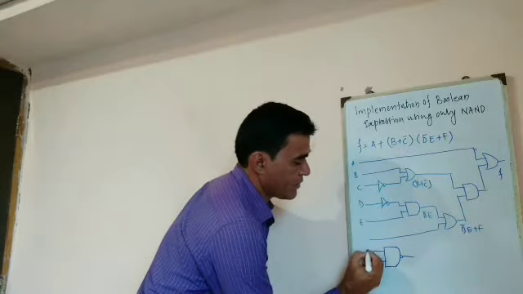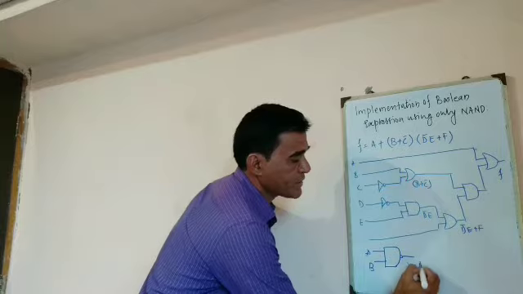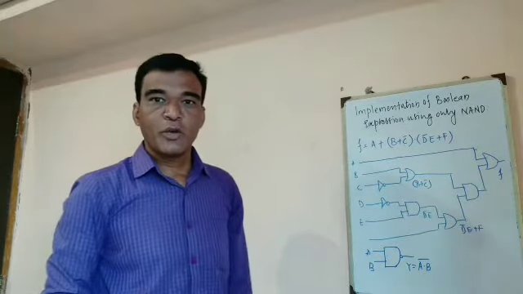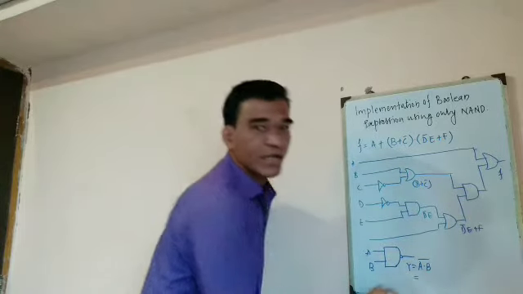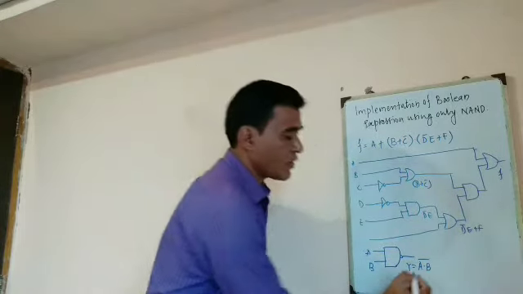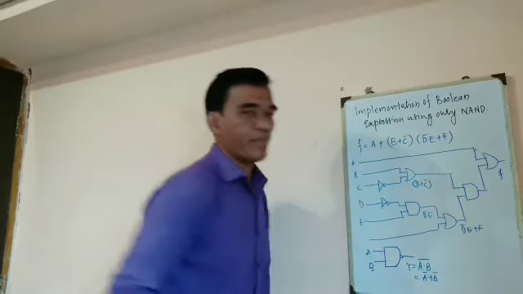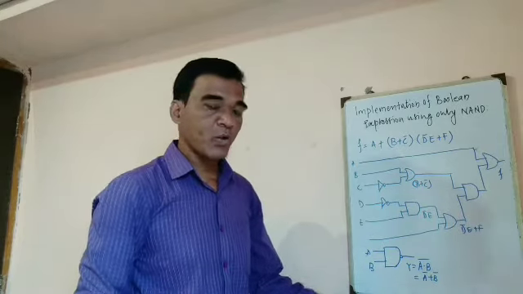This is the NAND gate where inputs are A and B, and output Y I can write as (A dot B) bar. Now by using De Morgan's theorem, I can write this as A bar plus B bar. And now this A bar plus B bar, how can I achieve?